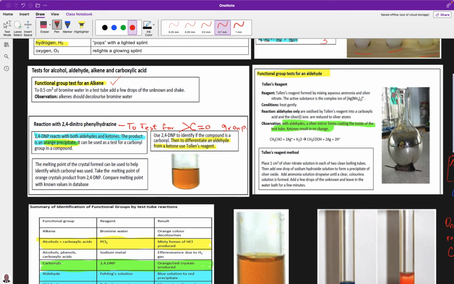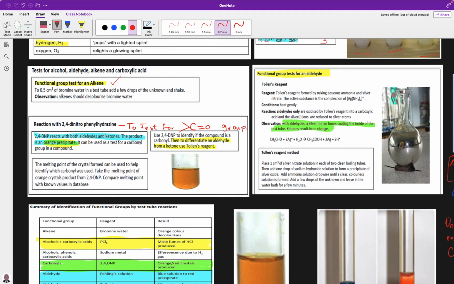Now, what tests can be used to identify the presence of this organic functional group? It is 2,4-dinitrophenylhydrazine. 2,4-dinitrophenylhydrazine is a test used for identification of the presence of this compound. This is Brady's reagent, comprising methanol and dilute sulfuric acid.